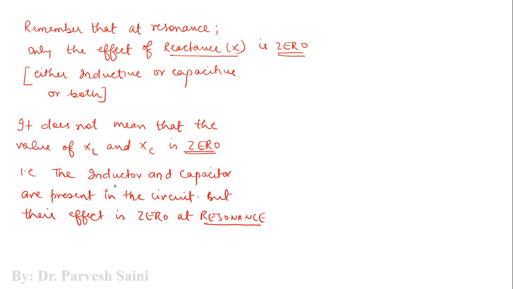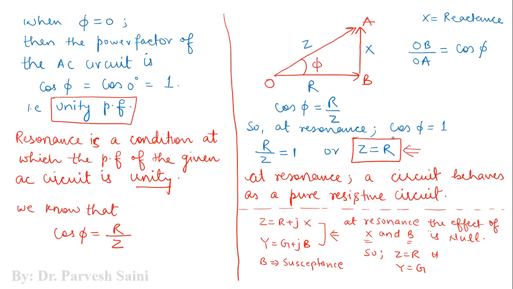Now, when their effect is 0, our circuit will behave as a pure resistive circuit.